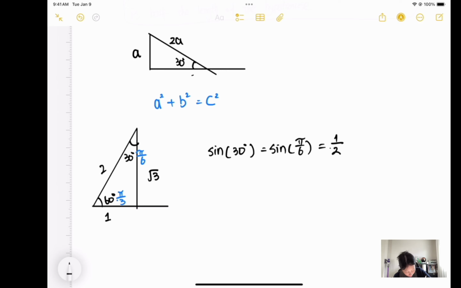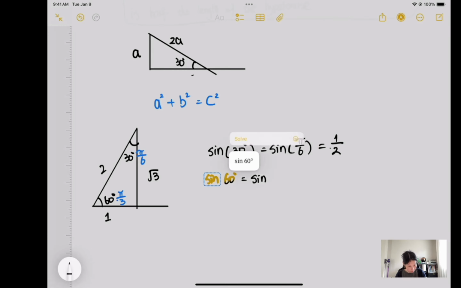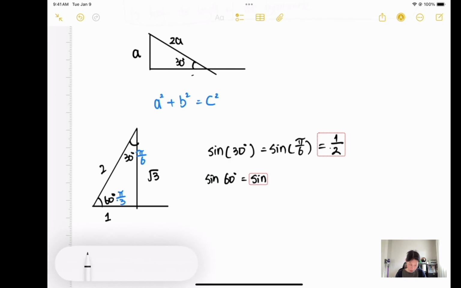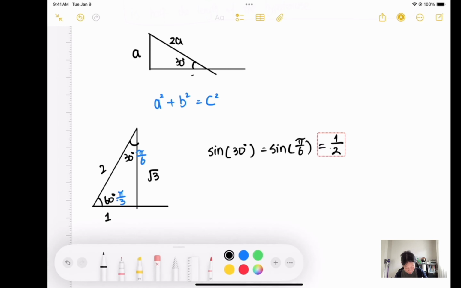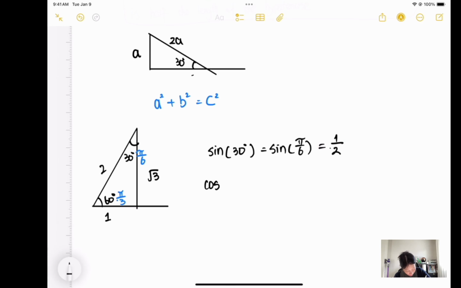Now, next one. Let's do all sine, cosine. Let's do all 30 degree first. Okay, next, what's cosine of 30 degree? Cosine of 30 degree, also pi over 6, is the adjacent side over the hypotenuse, which is square root of 3 over 2.